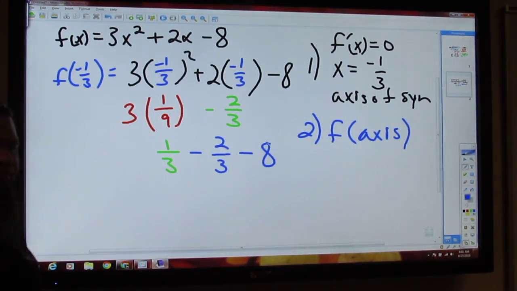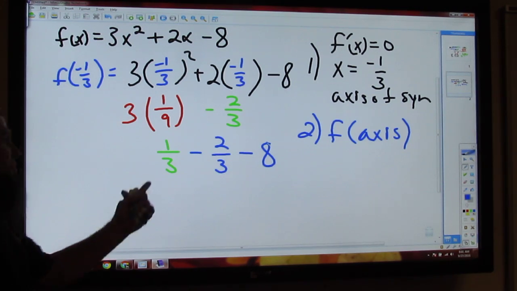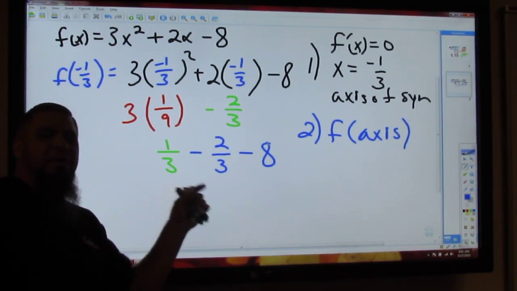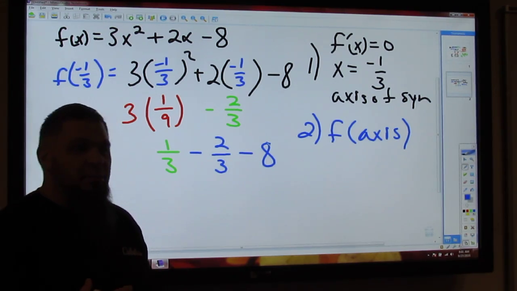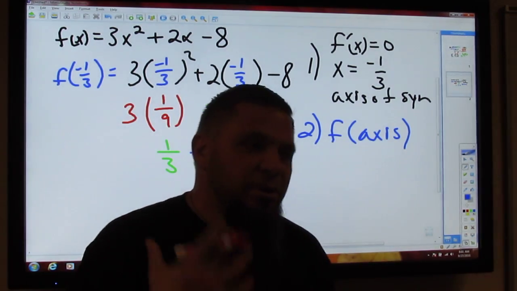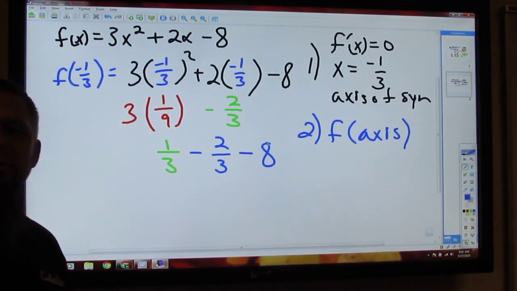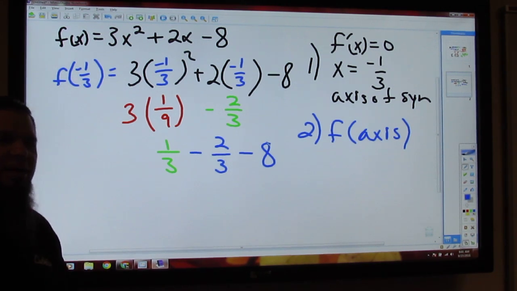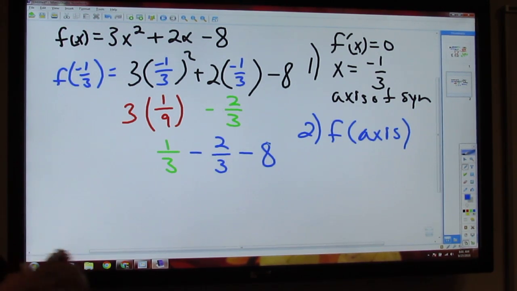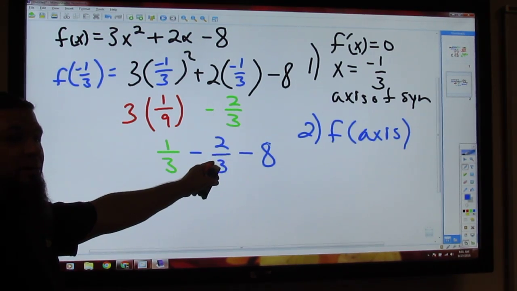And these should always be halves. One is twice as big as the other, always. If it's not, you did something wrong. And 2/3 is twice as big as 1/3, and when I take the difference of them, it cuts that in half.